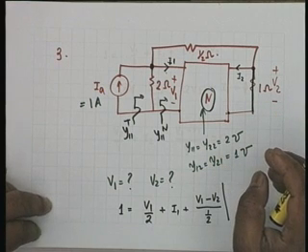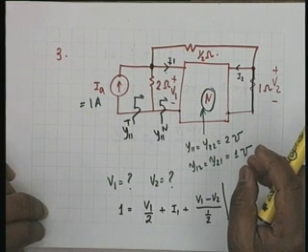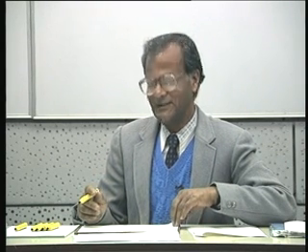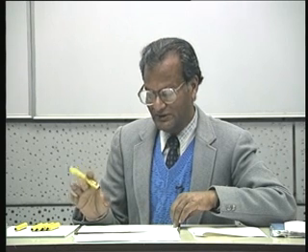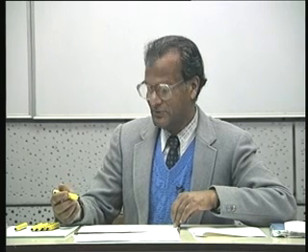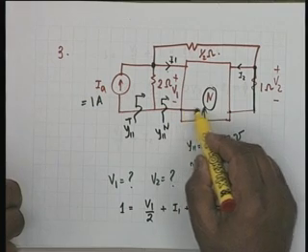I claim there is no way out. Can we take one more variable? The number of equations will be only 2. All that you can connect is V1, I1, V2, I2, nothing else. Therefore, this problem is not solvable unless these two points are connected.